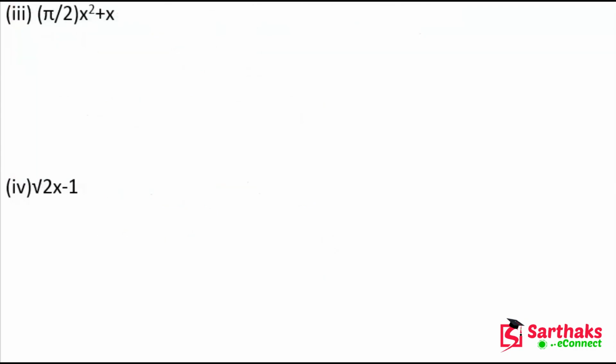Now in this case, coefficient of x square is equal to pi upon 2. So this is the coefficient of x square. Okay.